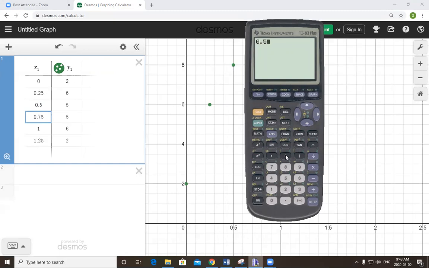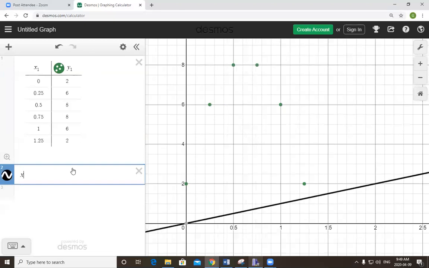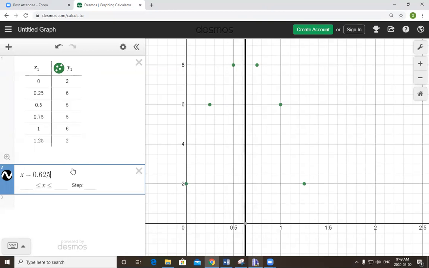So 0.5 plus 0.75, that's 1.25, and we divide that by 2, and we get 0.625. So if we were to put our line here, a vertical line, x equals 0.625, you would notice then that it would cut the parabola in half. So that would be the axis of symmetry.